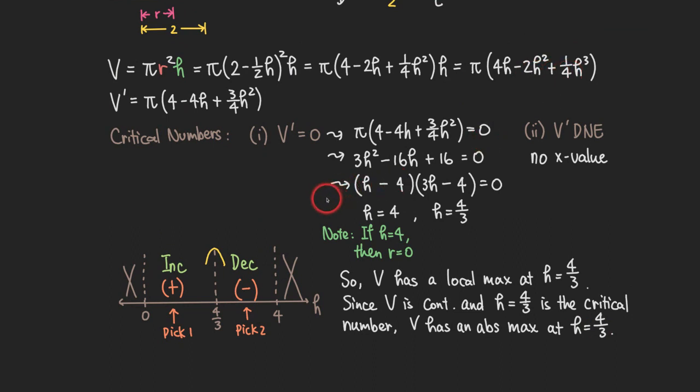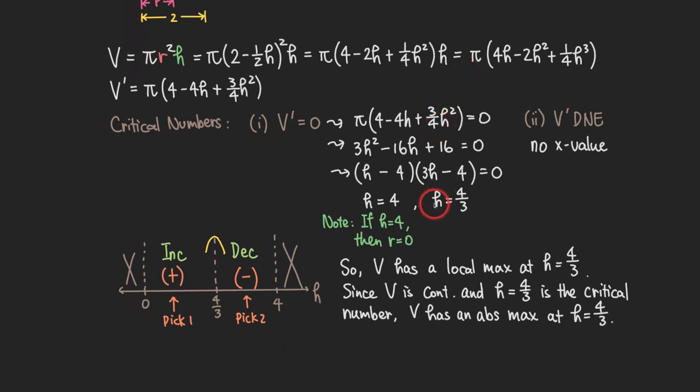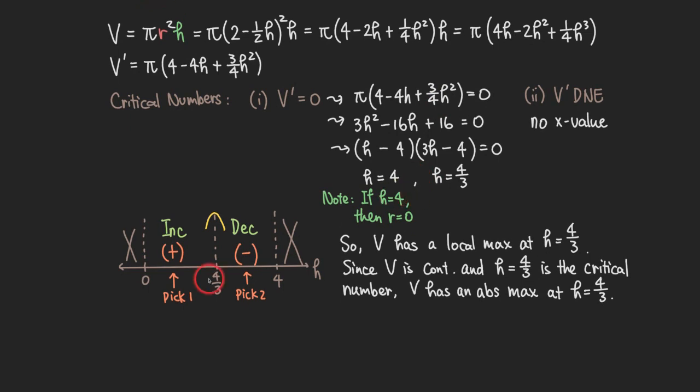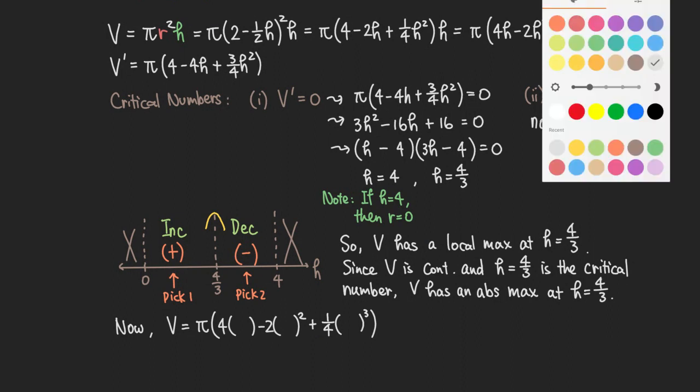Then we have our maximum volume. Okay, so let's do that here. Now, V is equal to pi times 4h minus 2h squared plus 1 over 4 h cubed. And then what do we plug in there? That's our 4 over 3, right?